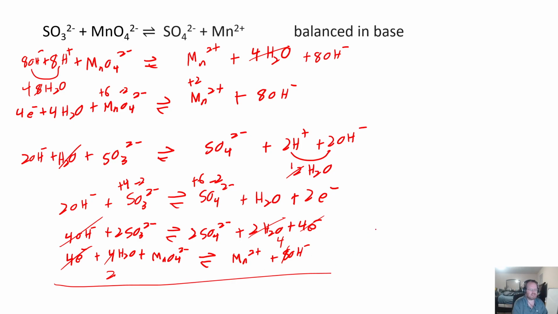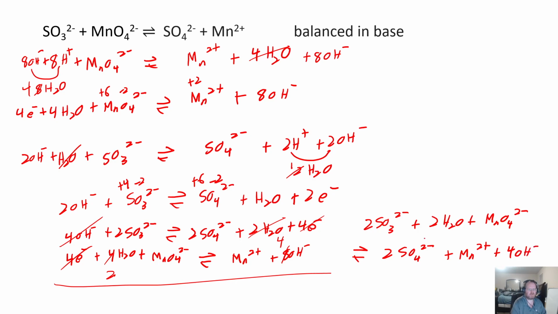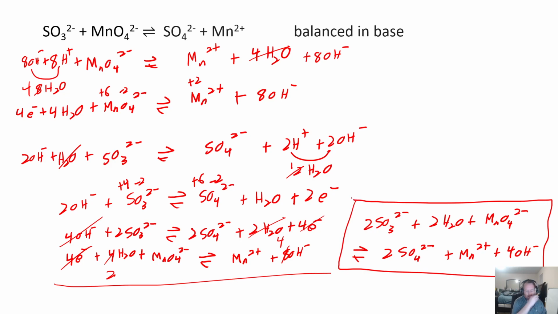When I add all these together, I would get my reactants are 2 SO3 2- plus 2 water molecules plus MnO4 2- is in equilibrium with, on the product side, 2 SO4 2- plus Mn2+ plus 4 hydroxides. So that is my balanced chemical reaction of these 2 ions when they are present in base rather than acid.